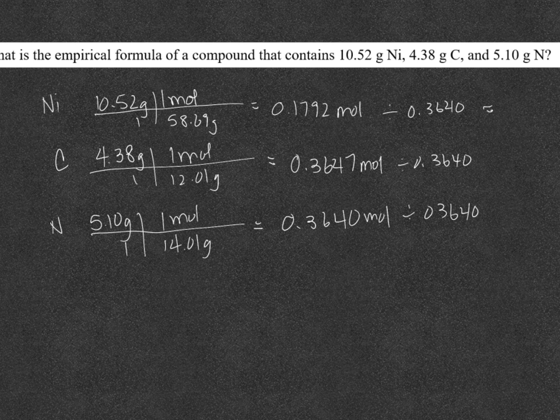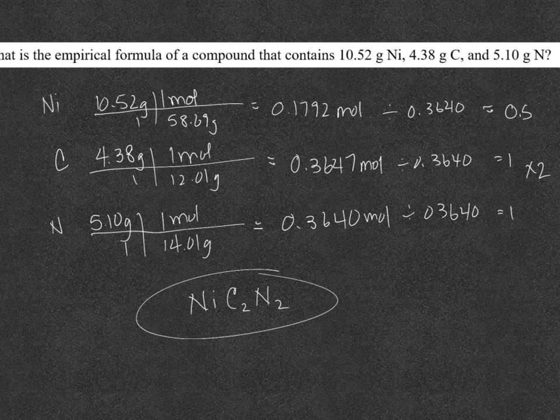And I get the following, 0.5, 1, 1. Now I cannot round 0.5 to 1. Instead, I have to multiply by a factor to get to a whole number, and that factor is going to be 2. So I'm going to have Ni, C2, N2. And that becomes my empirical formula.